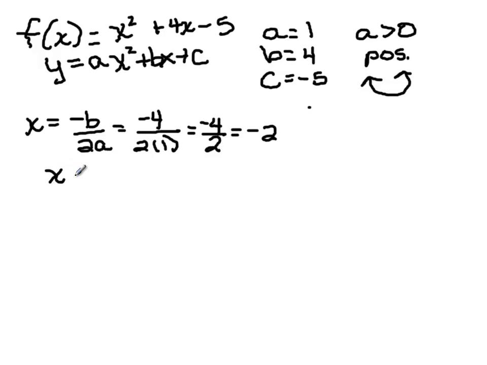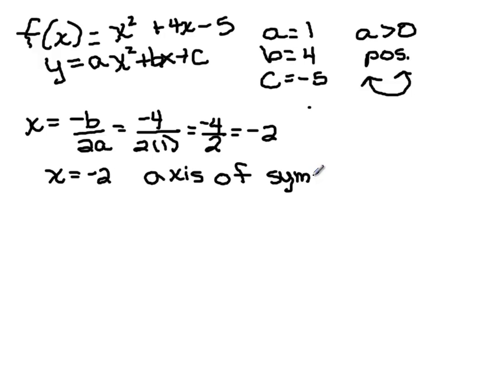This part right here, x equals negative 2, becomes my axis of symmetry. It is the line in which the parabola has symmetry.